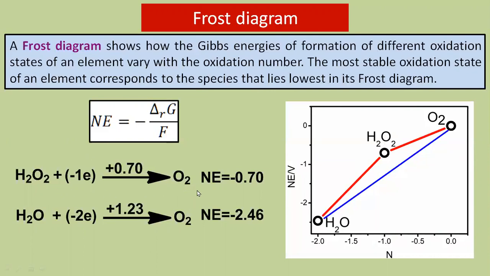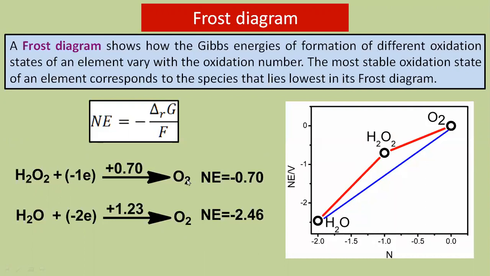Basically I need to write many equations based on the number of species I have, and while writing the equation, on the right hand side I have to write the species which has the zero oxidation state, or normally we can call it the elemental form. The elemental form of oxygen is oxygen gas.